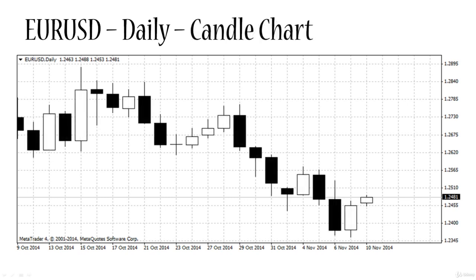So there's a candle chart. The filled bars are the bearish bars, the hollow bars are the bullish bars, and it's actually a matter of personal preference whether you like the bar charts or the candle charts more. Some people use candle charts, some people use bar charts. It all depends which one is visually more plausible to you.